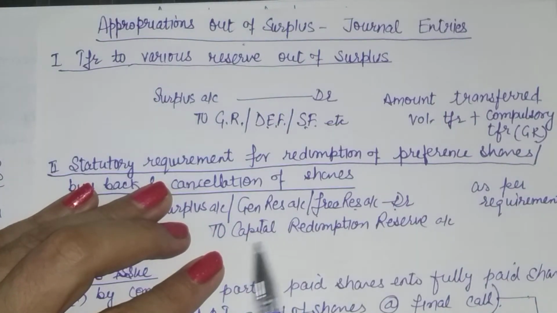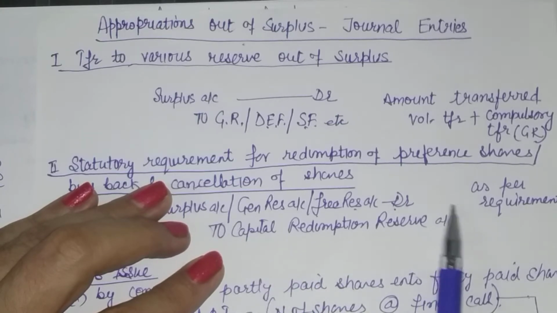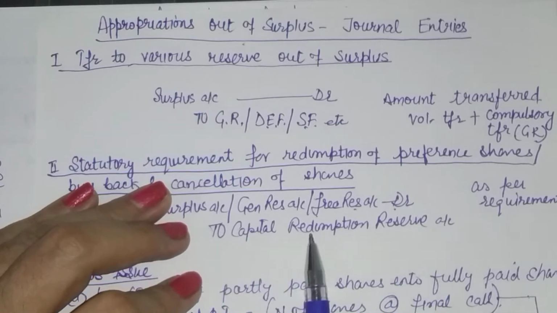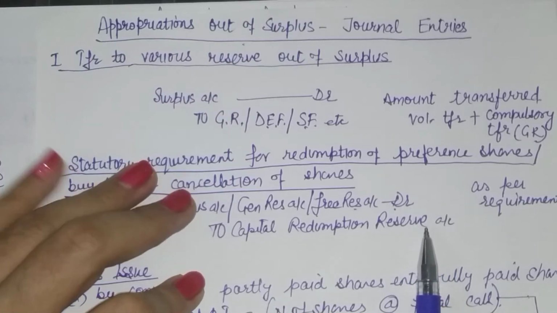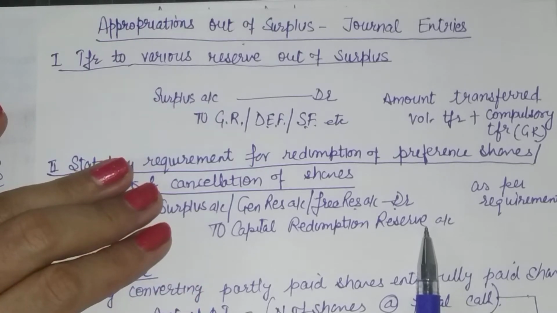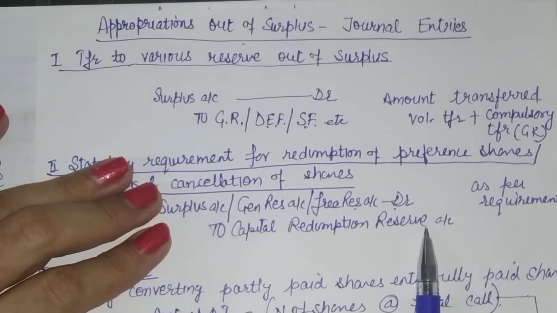Now the effect is that when you make transfers to this reserve account, it has only one purpose. You can use this capital redemption reserve to issue fully paid bonus shares. That means ultimately this is going to be converted into capital, right? So this way we meet the legal requirement of keeping capital intact.